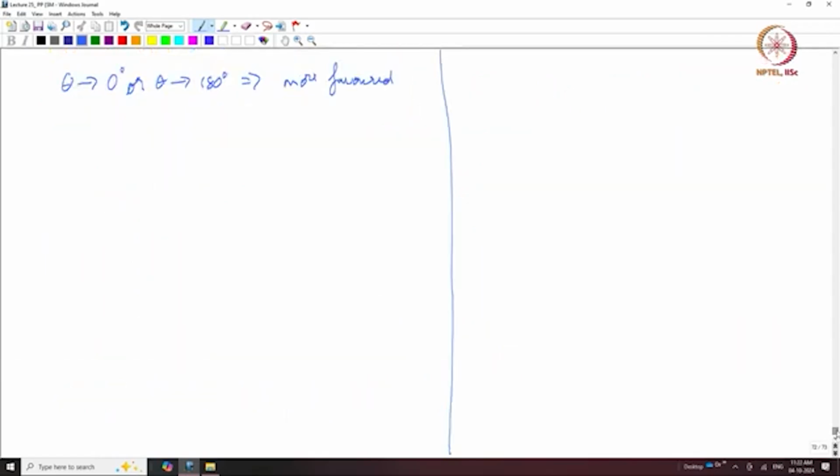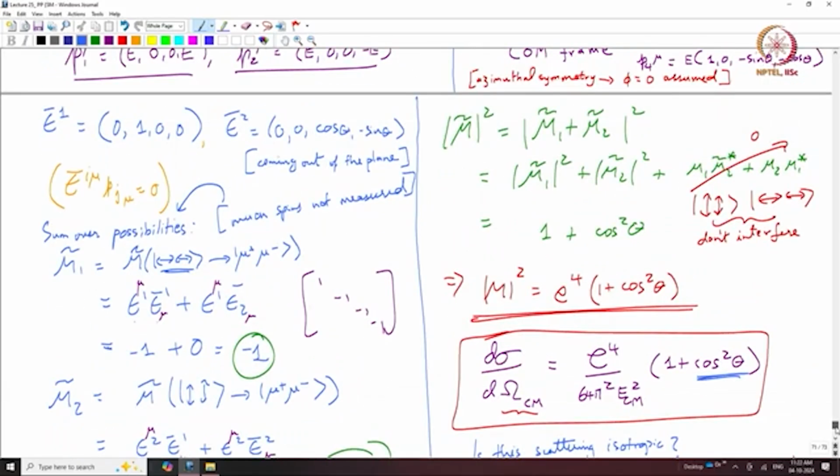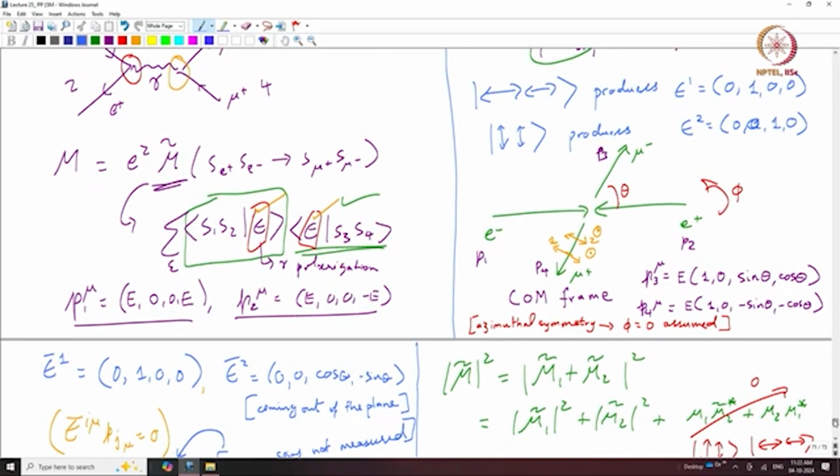Okay, so that means literally the scattering, the muons would like to go either in the forward direction or in the backward direction. Okay, is that clear? Let's look at this picture again. So the muons are scattering off in some random directions, but they would rather like to go either like this, or after scattering the muon would rather like to go like this.